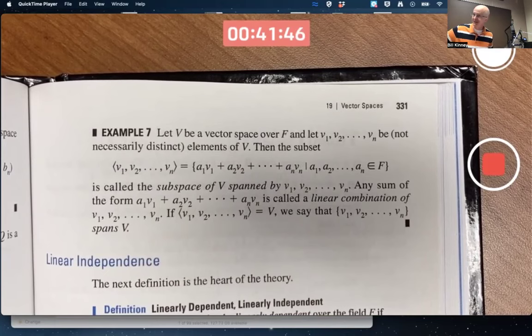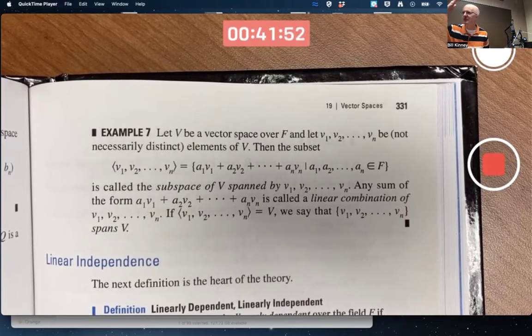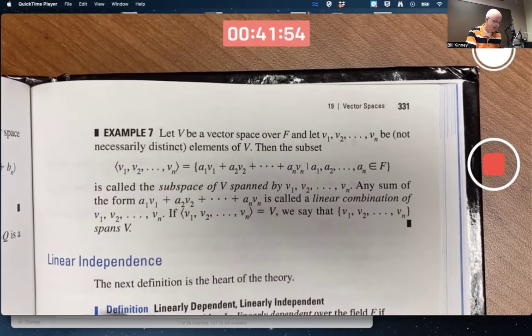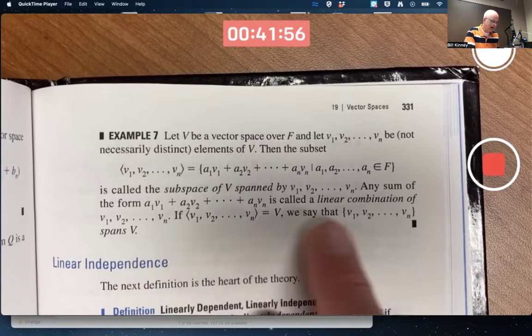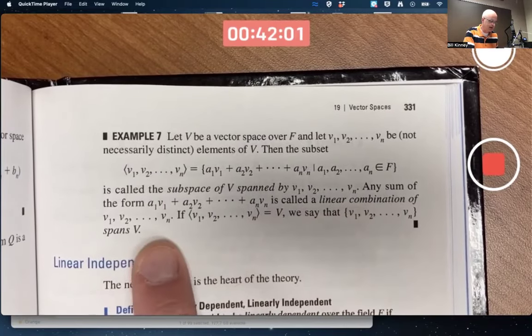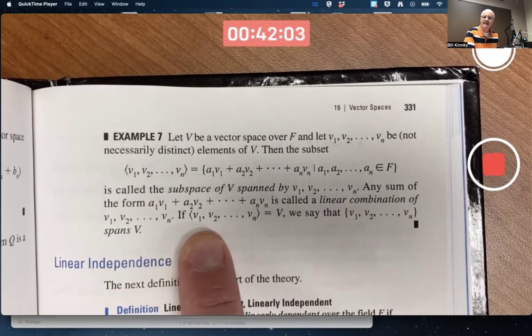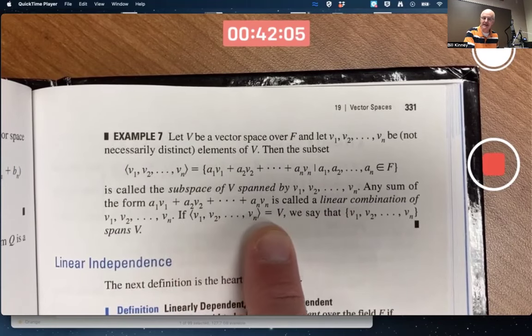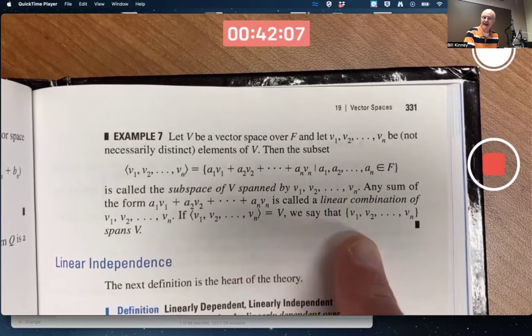The field does matter, but there could be different fields over which it's a vector space. Weird, but true. Any sum of that form is, like I said, verbally called a linear combination of the V's. If the span of V1 through Vn is equal to the vector space, we say that that set spans V.